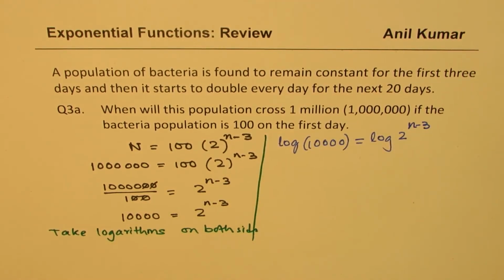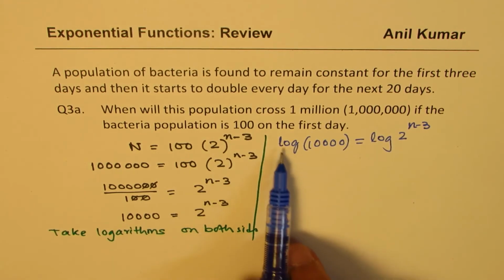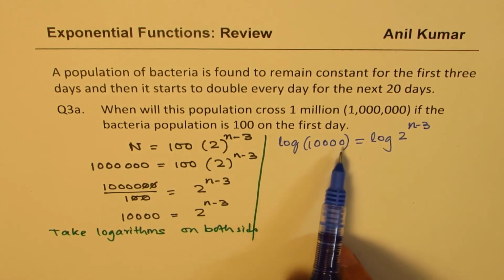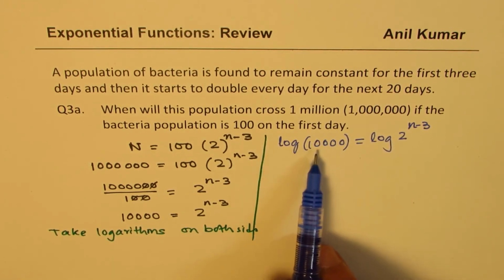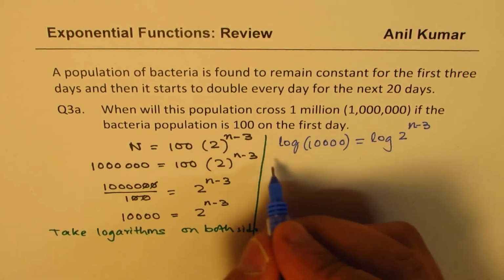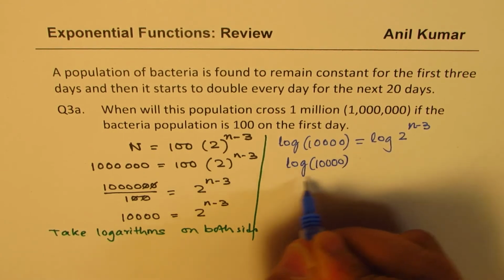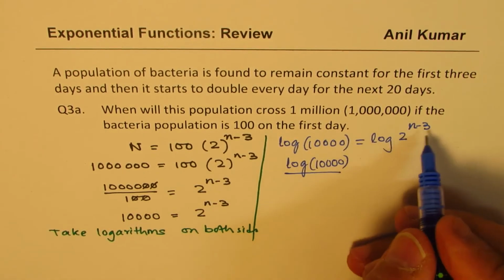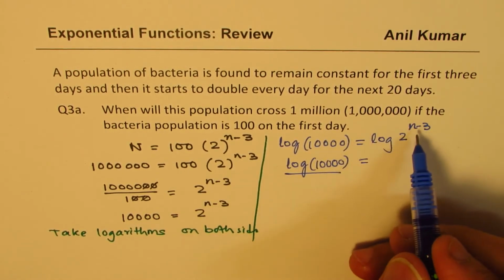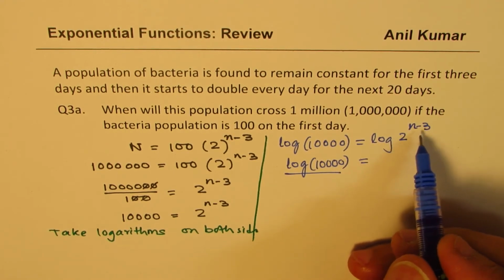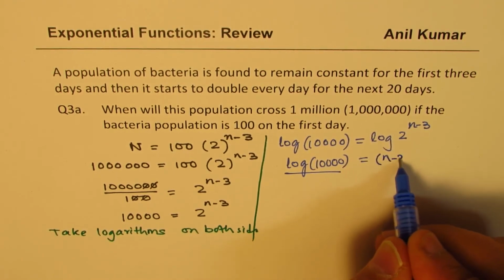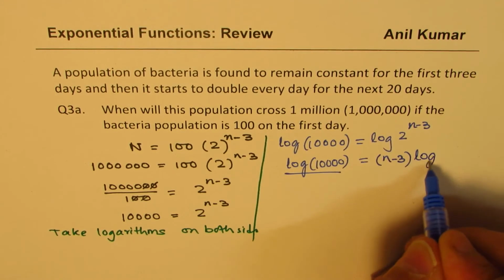Now we can use the properties of logarithms. This log of 10,000 basically is 4, but anyway, we'll just keep it like this. Let me show you one more step. Here we'll apply the power rule of logarithms. So we get n minus 3 times log of 2.